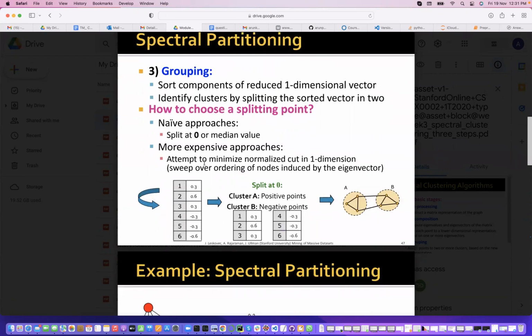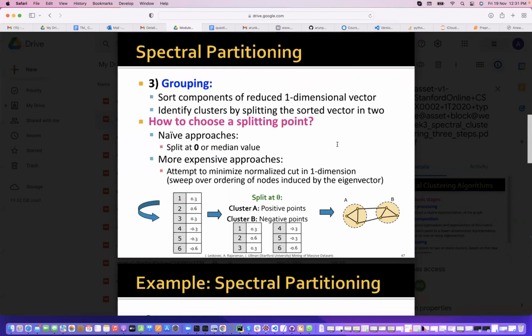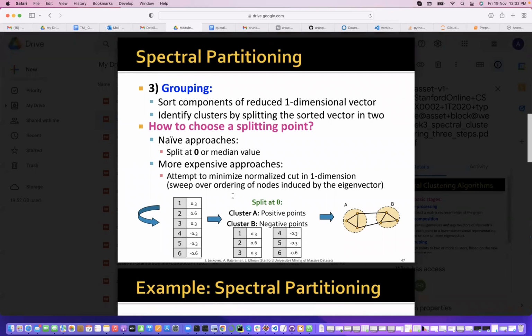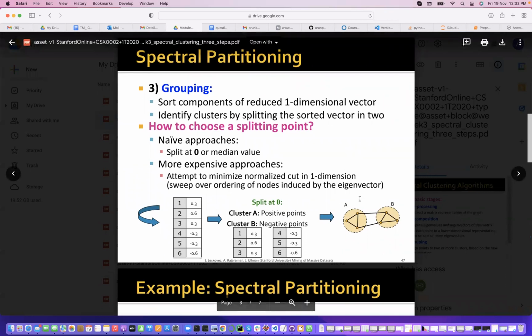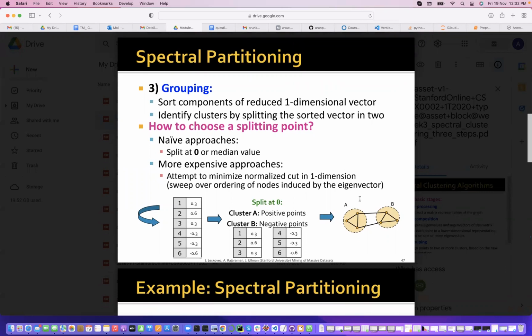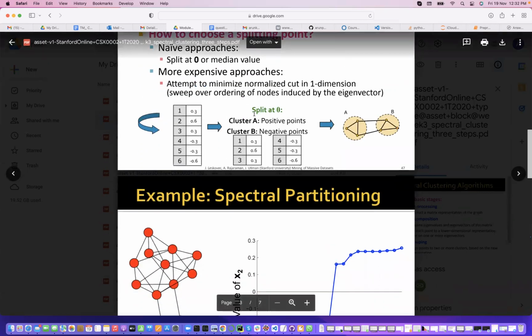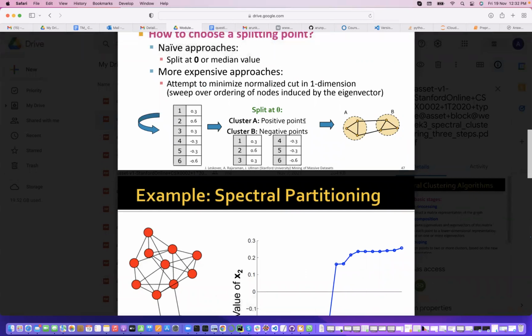More expensive approaches attempt to minimize normalized cut in one dimension, sweeping over the ordering of nodes induced by the eigenvector. Splitting at 0 becomes like this: cluster A positive points, cluster B negative points.